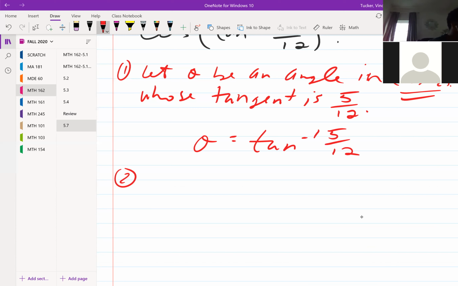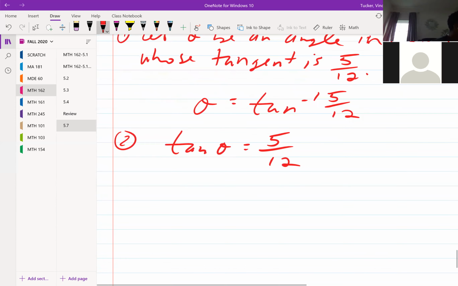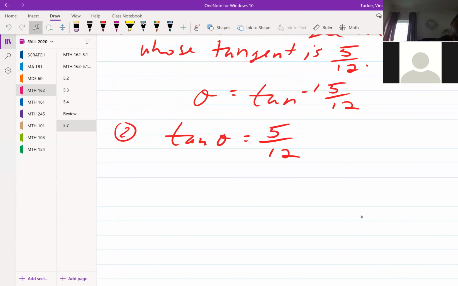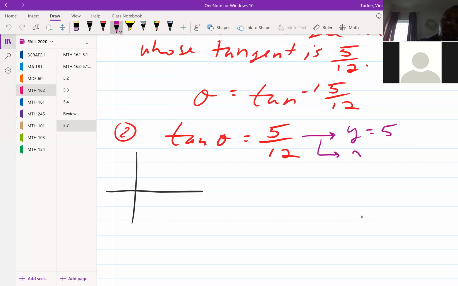So that means tan theta is equal to 5 over 12. And don't forget that means that this is y over x. Y is equal to 5. X is equal to 12.